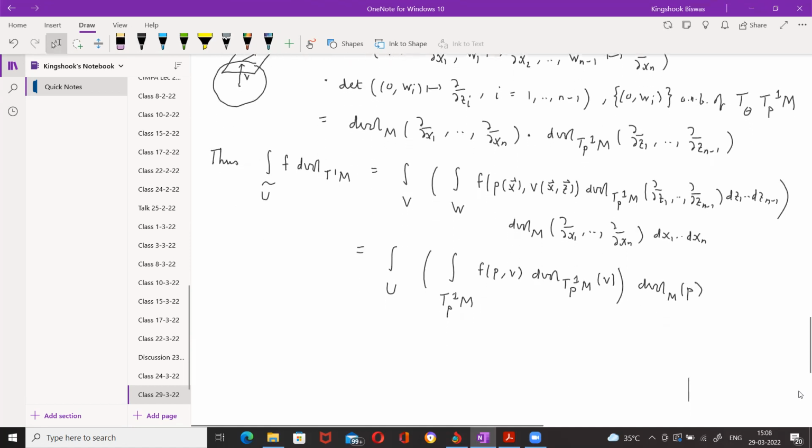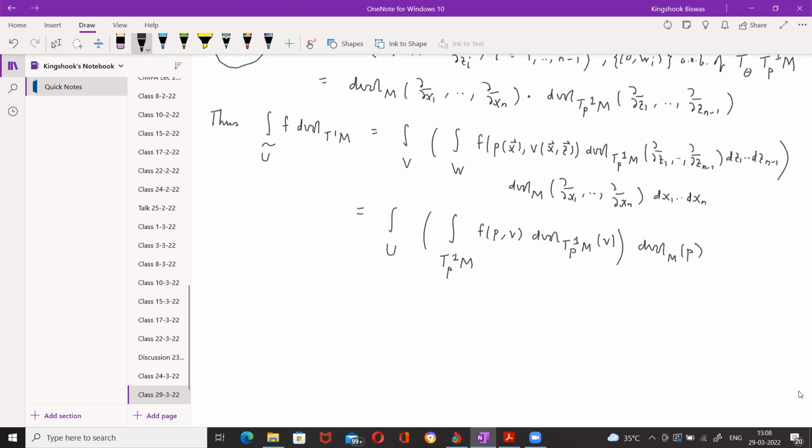Okay, so this was for a function supported in a small open set in T1M.